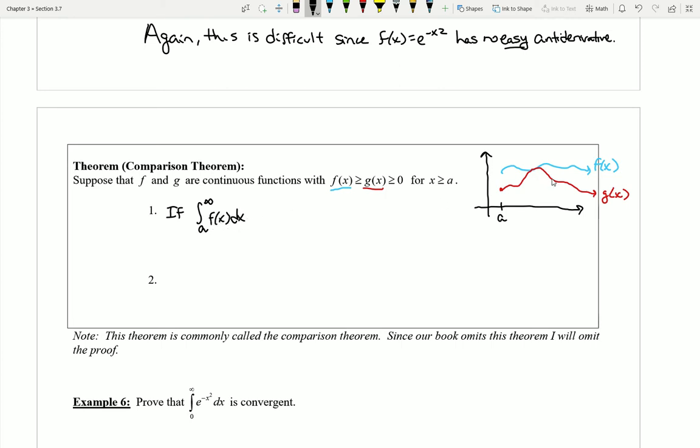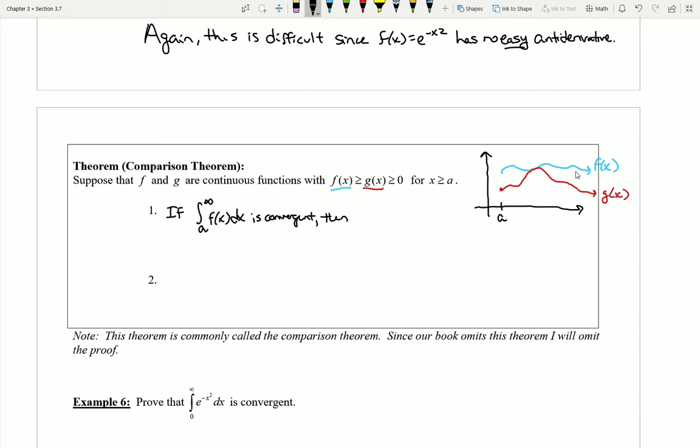Well, I would obviously be able to set up an improper integral and crunch some numbers and some limits out, and let's suppose that this answer came back convergent. That is, there's a finite amount of area underneath that blue curve. Well, I might then be able to see what conclusion I can draw. If I look at these two pictures, automatically I might be able to see which curve we would expect has more area under it total.